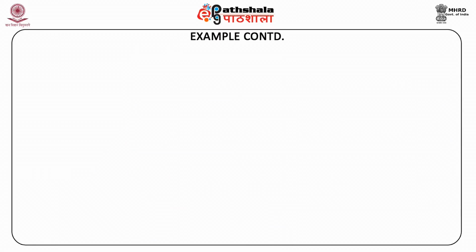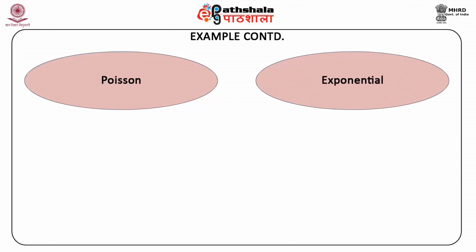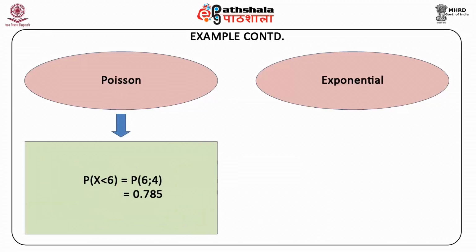It is clear that the first part involves Poisson distribution, where we are talking about the probability of accidents, which is a discrete variable, and the second part involves exponential distribution, where we are talking about lapse time, which is a continuous variable.